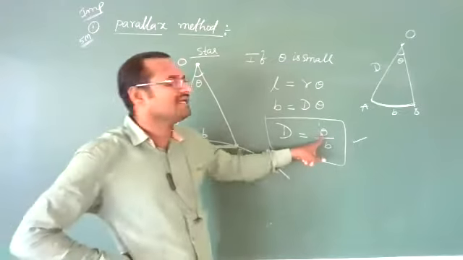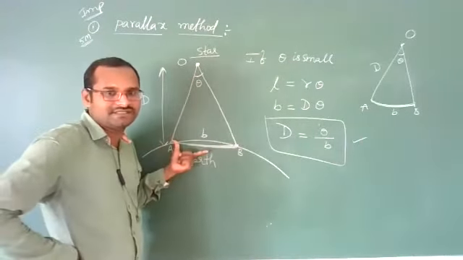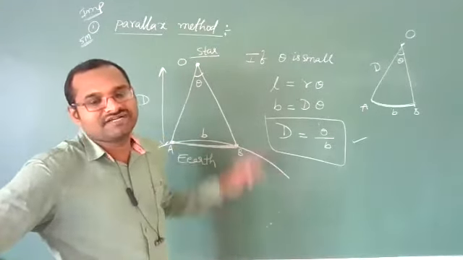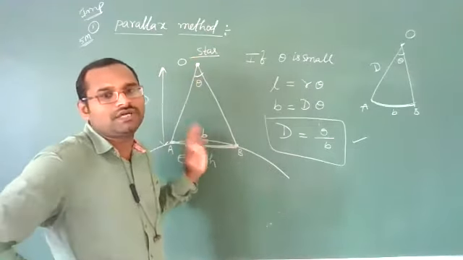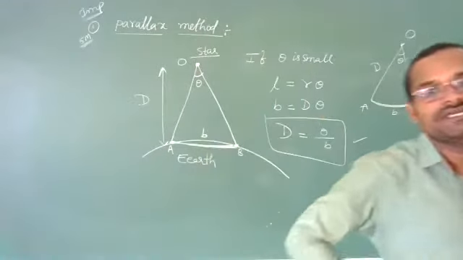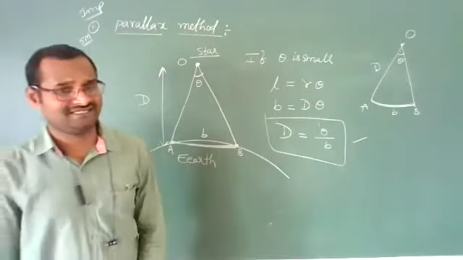Once you measure theta, divide the basis, the distance between these two observation points, by this theta. Then you get capital D, the distance of that far away object, the star, from the earth. This is the simplest method, and we will use it to measure very large distances.